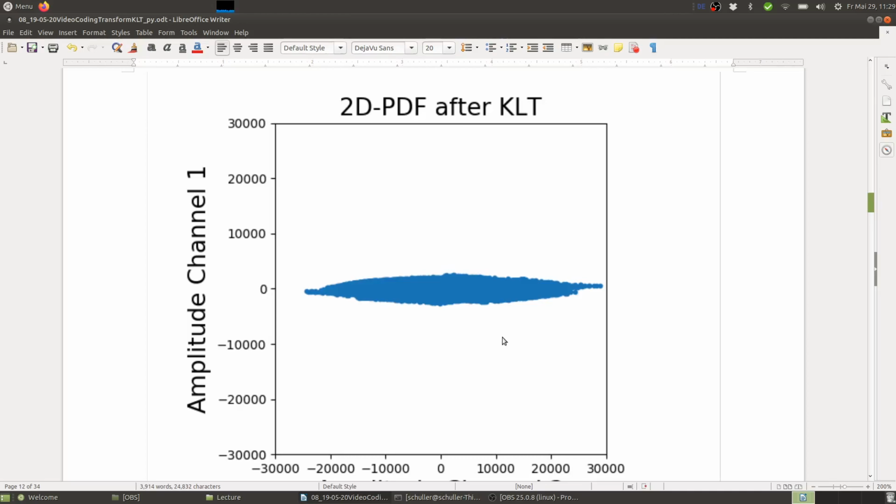So here you can see the KLT now acted like a rotation matrix. Remember, when we have two dimensions, then we have vectors of size 2. So each block basically has two samples, which we just plotted.